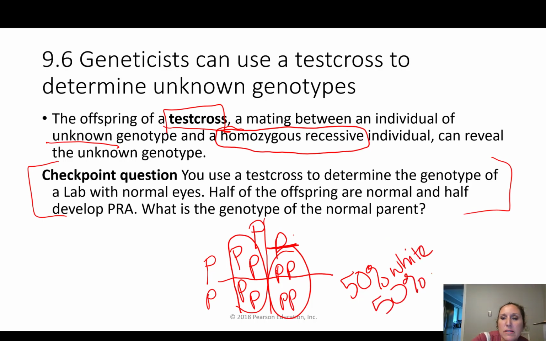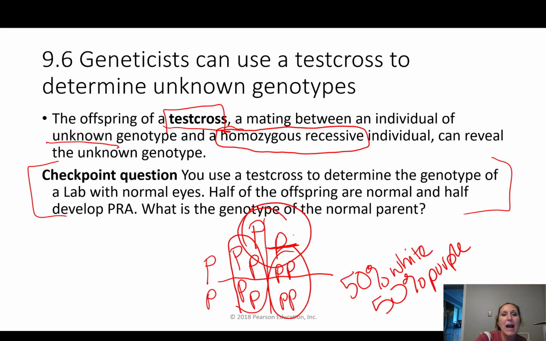So when we cross these guys, if all of our offspring are purple, then most likely that parent is homozygous dominant. However, if we get any white offspring, then we know that parent had to have donated a little p. Therefore, he is heterozygous. Okay?